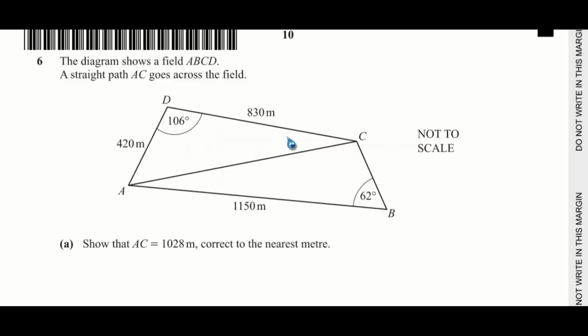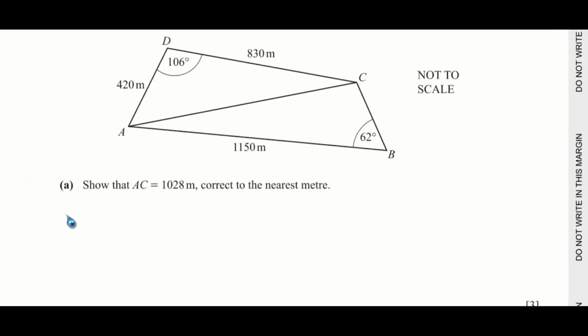AC squared will be equal to the square of this plus the square of this minus 2 times the product of these two, then cos 106. I will not write out the formula.